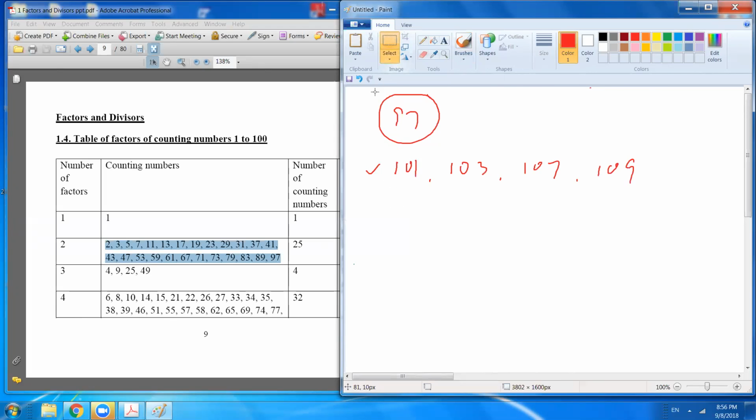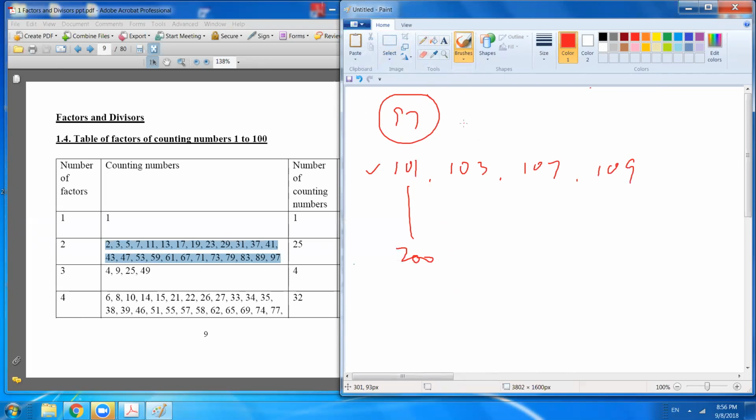Now, who can memorize all the prime numbers from 101 to 200? Who can memorize that? Not many, right? You better memorize that. Some kids can memorize up to 500.